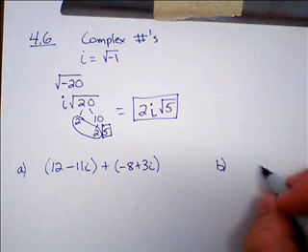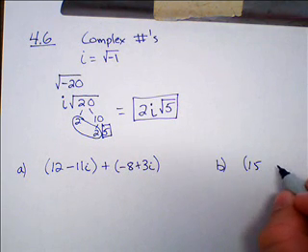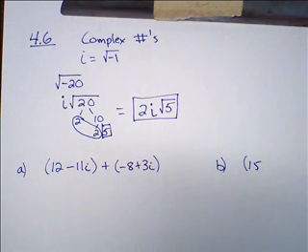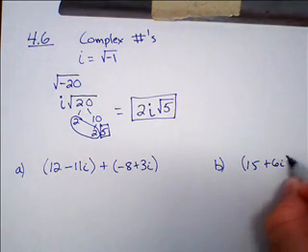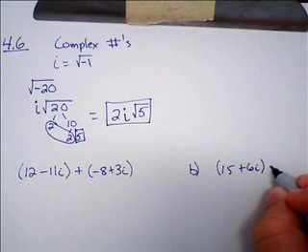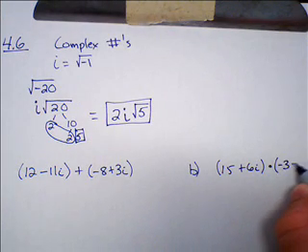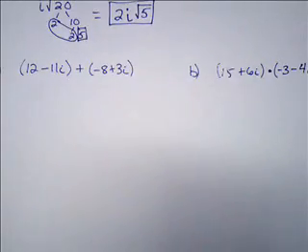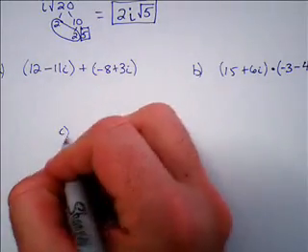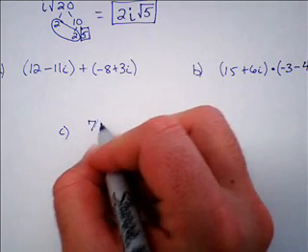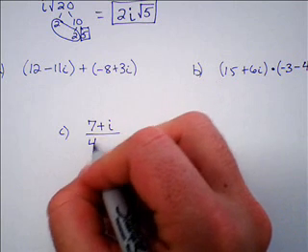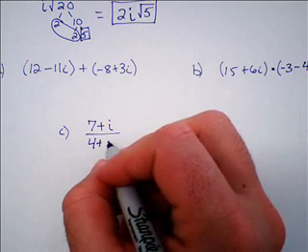Another example is (15 plus 6i) times (-3 minus 4i). And the last example, we'll do (7 plus i) divided by (4 plus 2i).